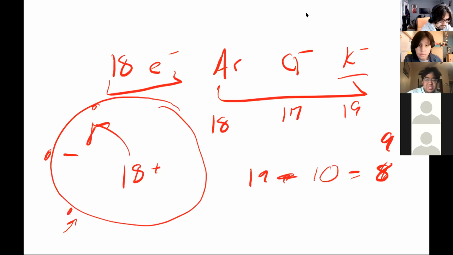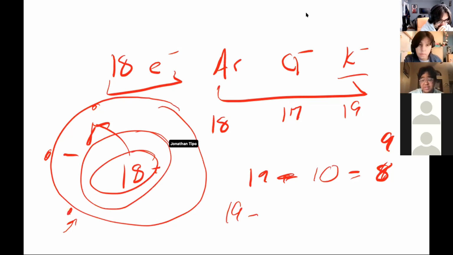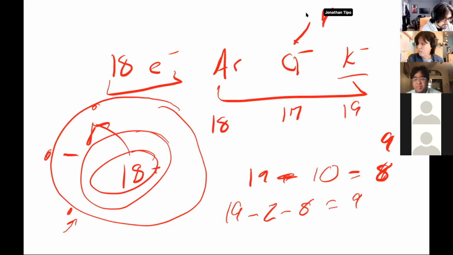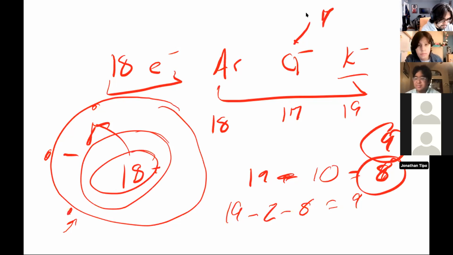Just remember, subtract from the number of protons the number of electrons that are not in the outer shell. Because we have 2 complete shells, that's the 2 plus the 8 in the second energy level, and 19 minus 10 equals 9. For chlorine, the effective nuclear charge would be 7. And the more charge you have, the smaller the ion.